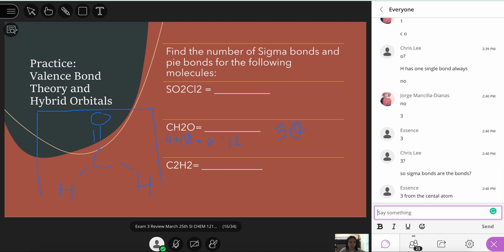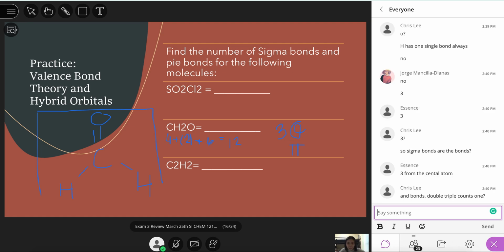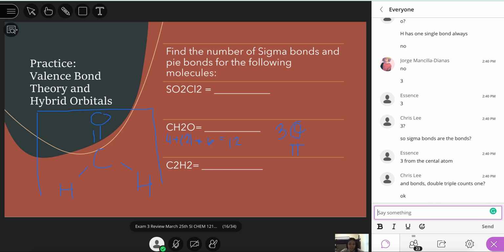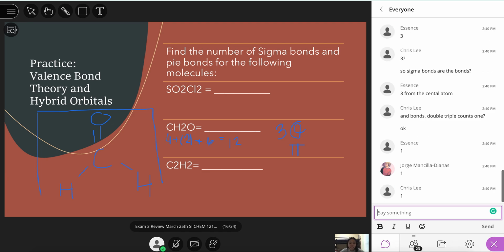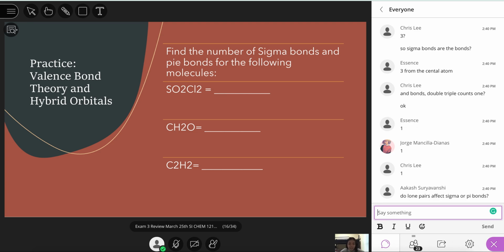You're just counting the bonds on there. So once we found that, what about the pi bonds? A double bond just counts as 1 sigma bond. And then what about the number of pi bonds? We have 1, exactly 1, because there's only 1 double bond. Pretty simple, pretty easy. Okay, and let's do the last one then, C2 and then H2.